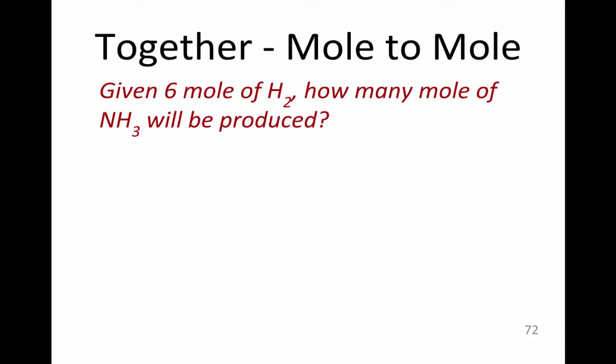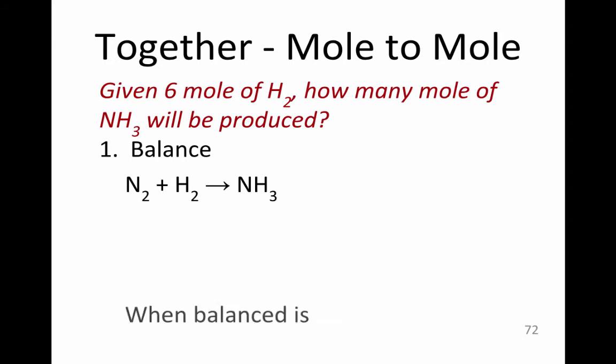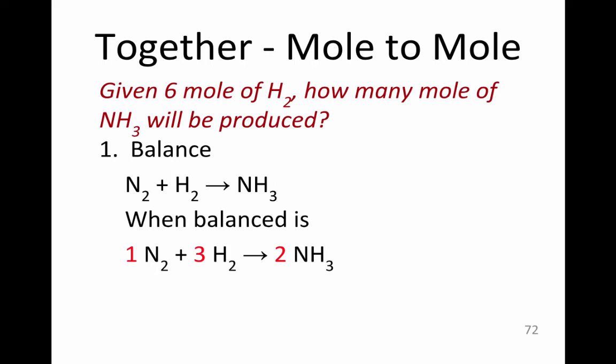Problem 1. Given 6 moles of H2, how many moles of NH3 will be produced? Step 1 is to balance that chemical equation, right? Which is given in the problem. So when it's balanced, it's going to be 1, 3, 2 are your coefficients. Step 2 here on finding the molar mass is not needed because it's a mole-to-mole problem.